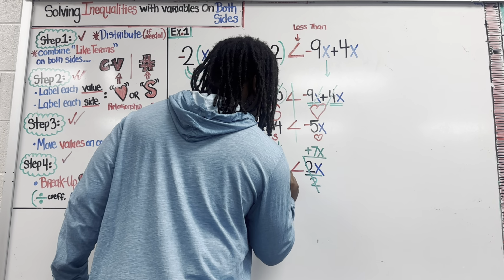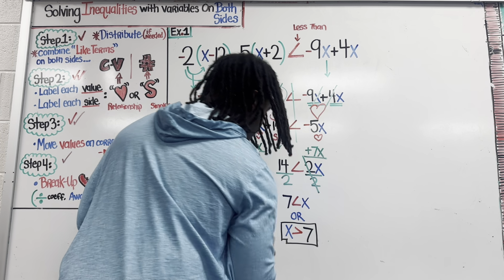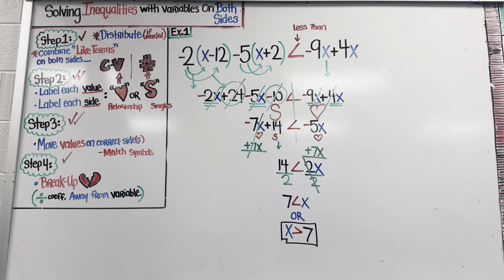Okay, so 7 is less than x, or I'd rather for you to write it like this: x is greater than 7. Okay? That means x is greater than 7, right?